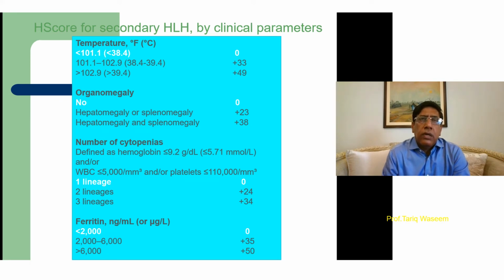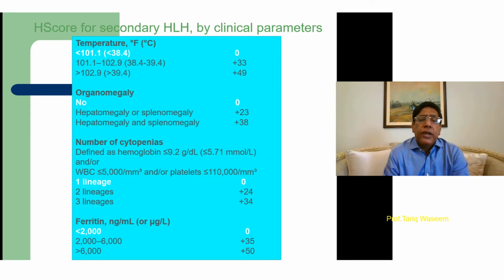Similarly, the next parameter is looking at the blood counts, or cytopenias. Cytopenia is defined as a hemoglobin of less than 9.2, or a white cell count of less than 5,000, or a platelet count of less than 110,000. Any one of those would be considered cytopenia. If only one lineage, either hemoglobin, TLC or platelet, is decreased below the given values, the score is 0.